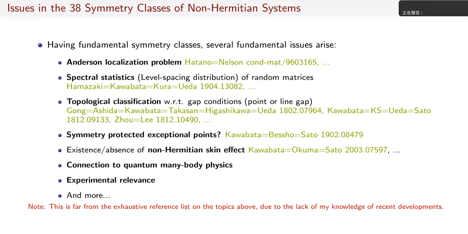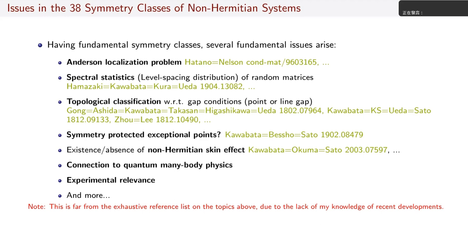So the question is, we have the problem with the non-Hermitian skin effect for 38 symmetry classes, and we can check, for example numerically, the existence or absence of the skin effect, and also the connection to many-body physics. For example, we can apply random matrix theory to, for example, the Sachdev-Ye-Kitaev spectrum.